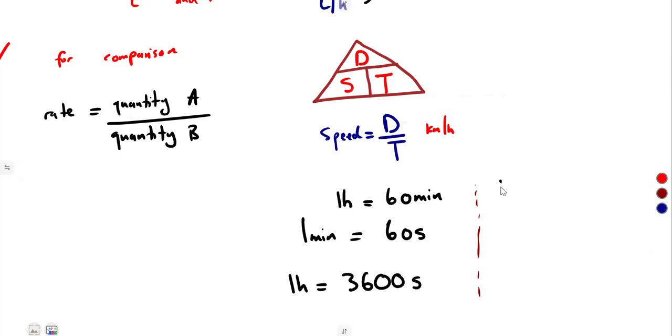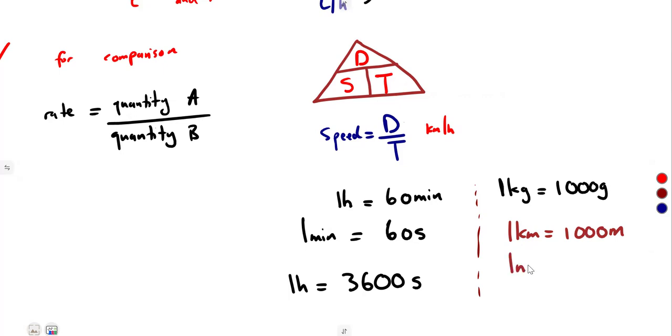Talking about kilograms, kilo means 1,000 grams. All right, a kilogram is equivalent to 1,000 what? 1,000 grams. Another one, for distance also, 1 kilometer is 1,000 meters.